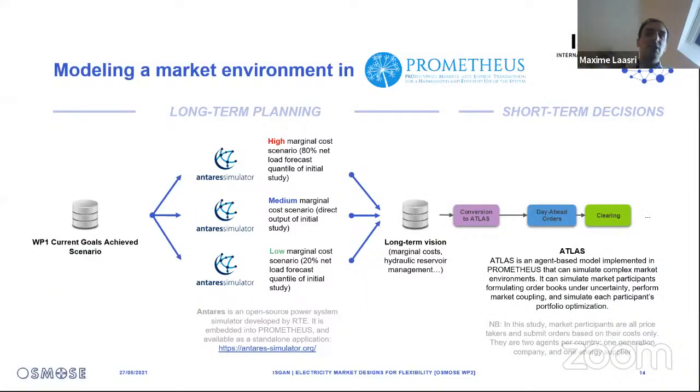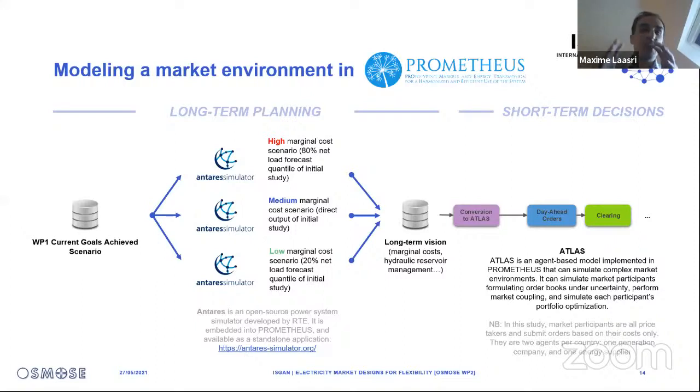Basically, the interest of this model is to represent market participants that are evolving in a market environment. So they have some information and they formulate market orders, with the whole question of pricing these market orders, putting the proper volume on them, putting the proper links between those orders, because you can formulate complex orders within this tool.